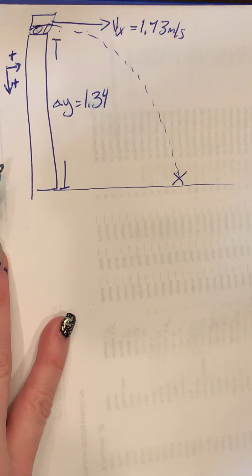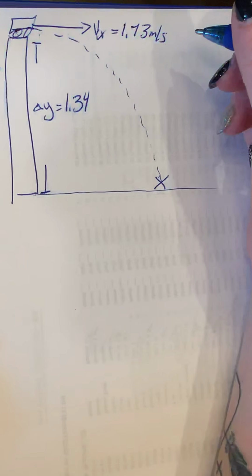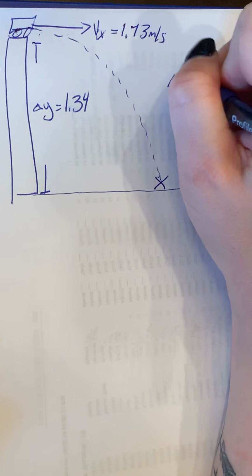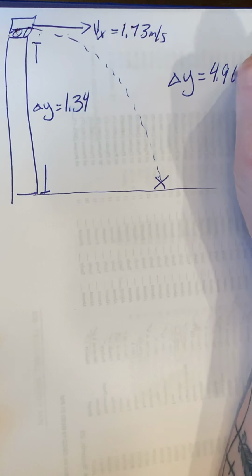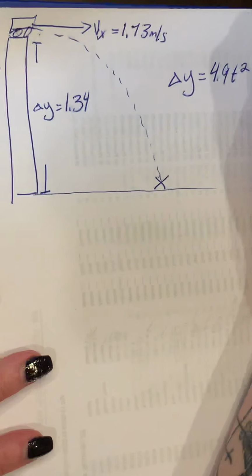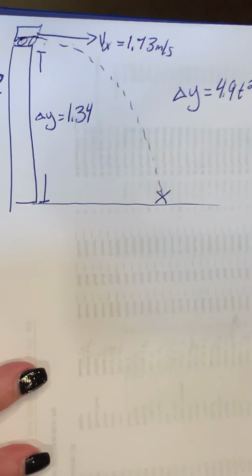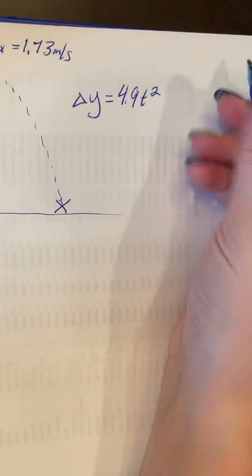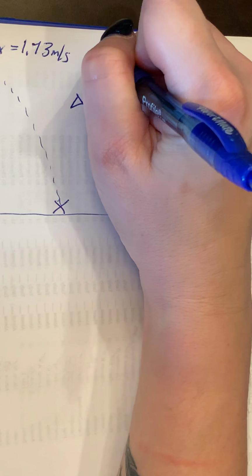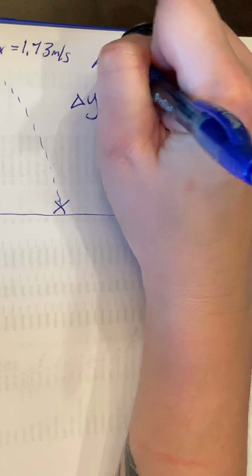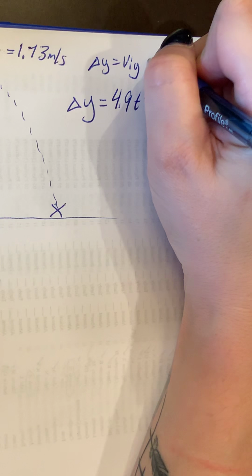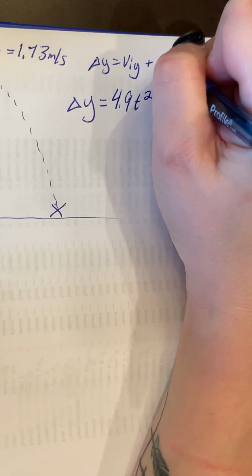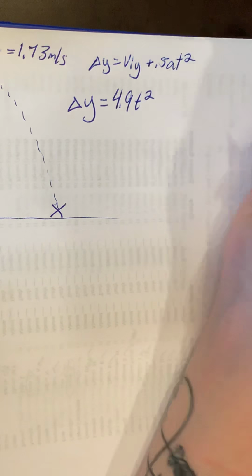All right. So with that in mind, how do we solve for time? If you remember, the formula we use is delta y is equal to 4.9 t squared. And in case you were curious, where did we get that from? You have to remember that we had delta y is equal to VIY t plus 0.5 a t squared.